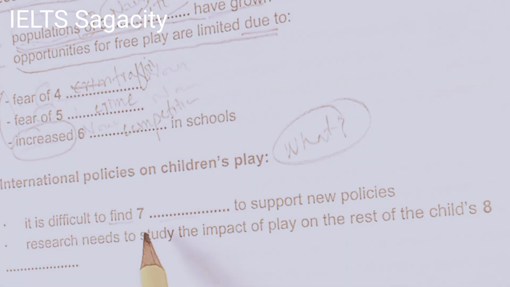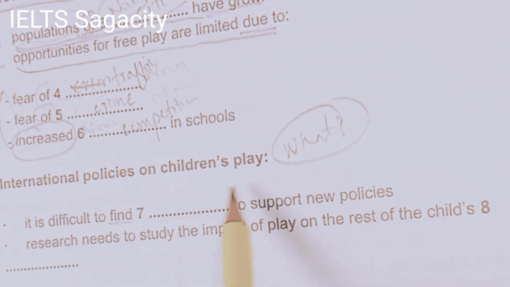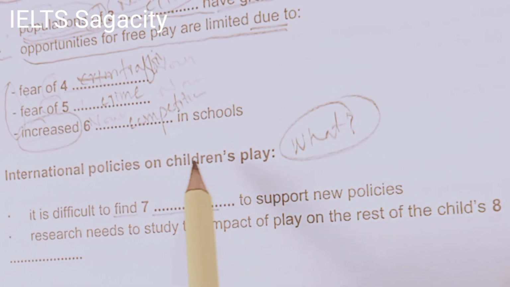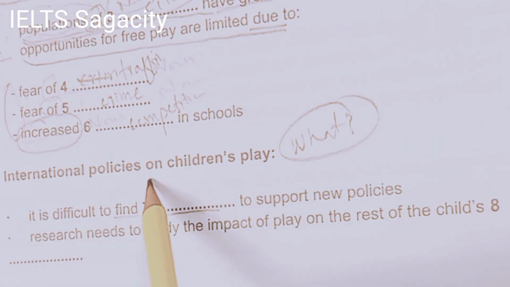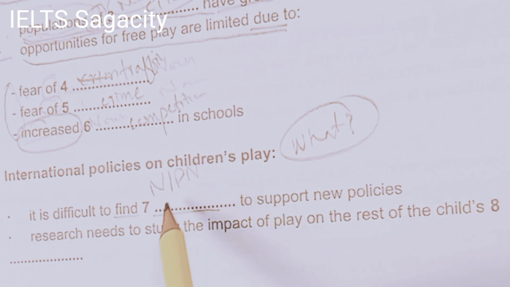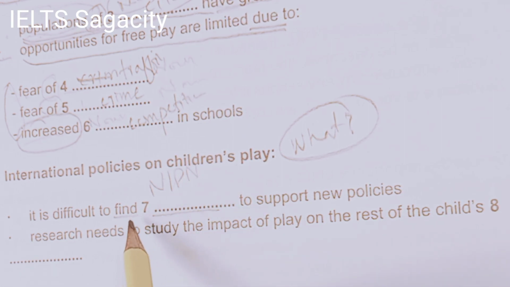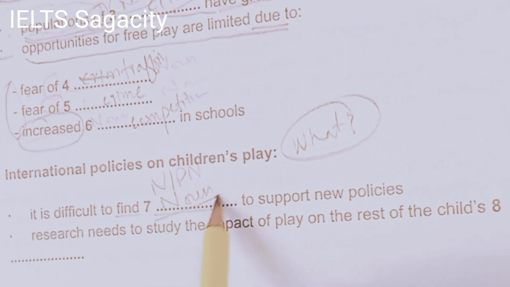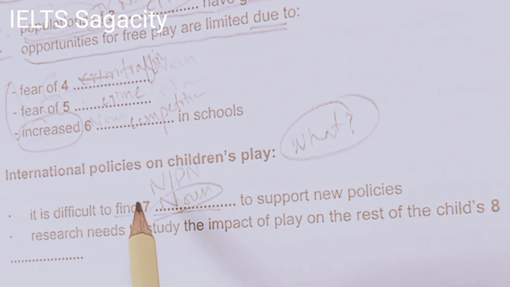It is difficult to find what to support new policies. So of course we have to have an object. An object is all the time either a noun or a pronoun. There is no apparent mention of any previous noun, so the answer has to be a noun. Now what noun? That's what we are going to see.